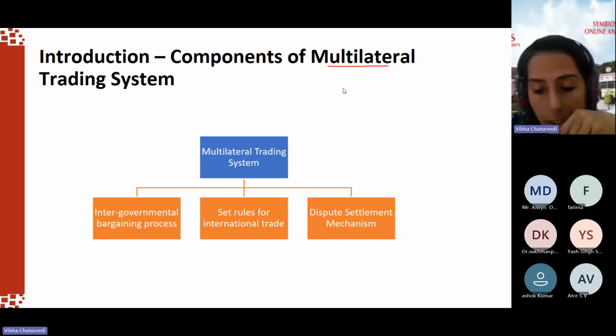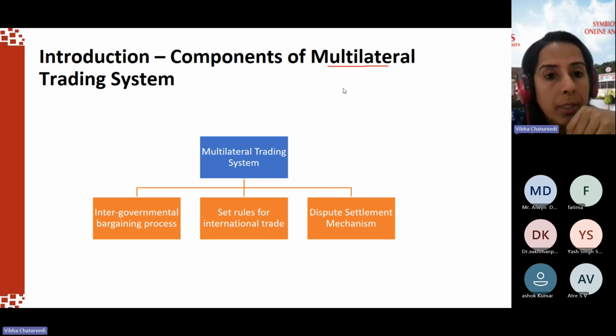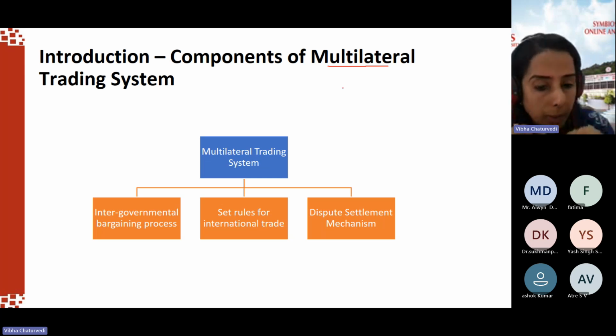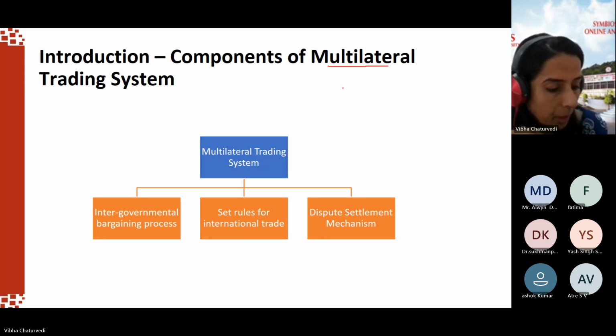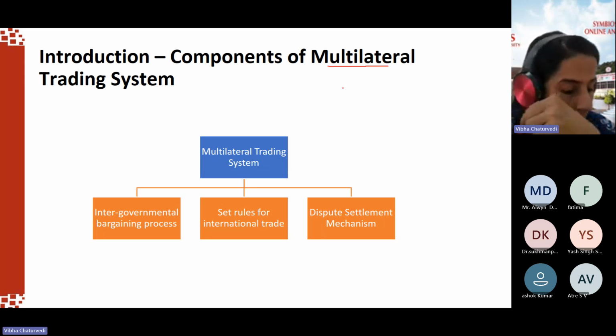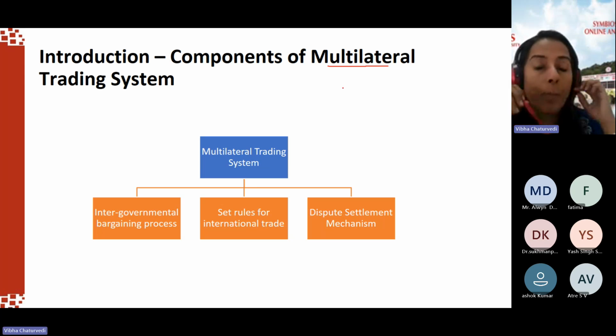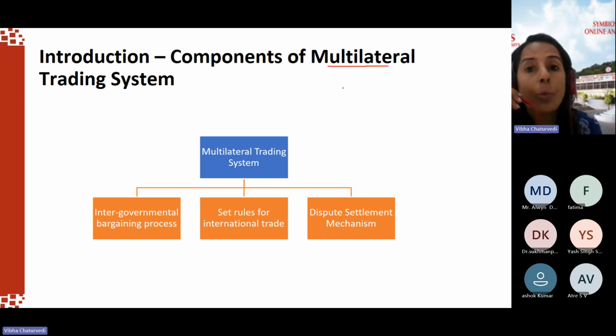But a multilateral trading system or an organization or any kind of talks, multilateral engages the entire world. That is what multilateral means, and the difference between pluri and multilateral is this. Pluri does not mean multilateral because multilateral means the entire world. Is this clear?